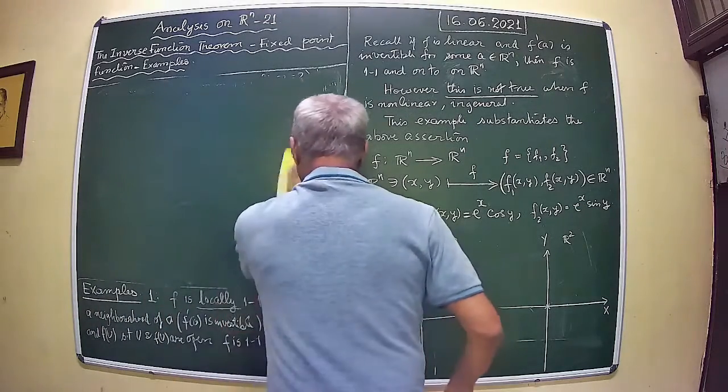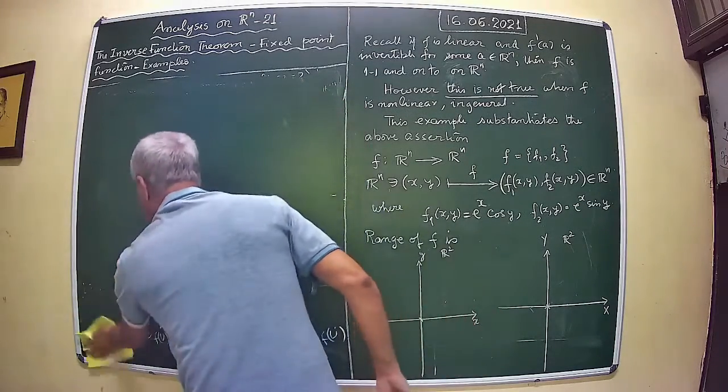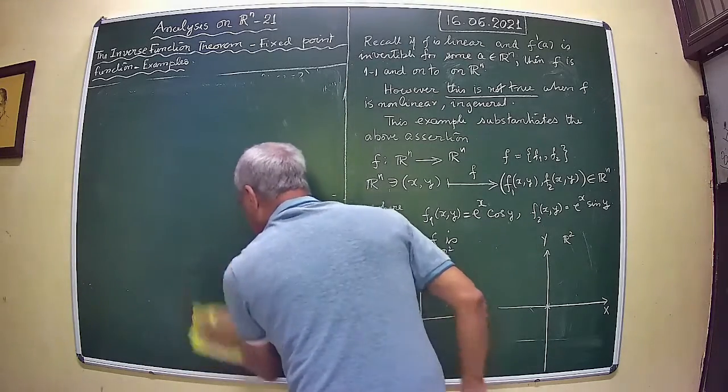So you immediately see that 0, 0 has no pre-image.